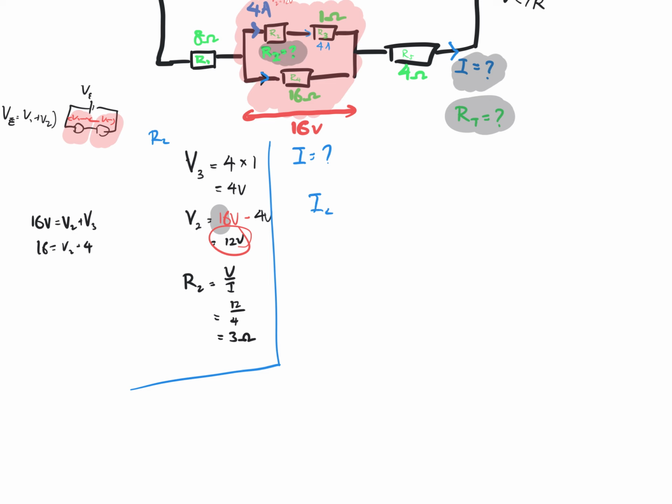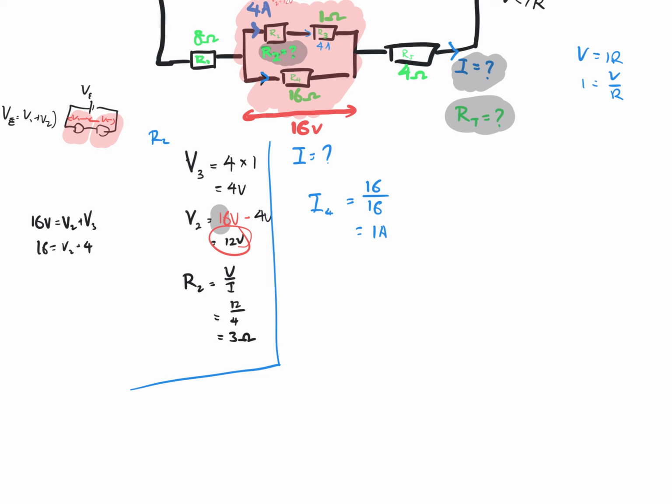So I4 over here is equal to, what's the formula? How to find I? V equals IR, I equals V over R. All right, please be comfortable doing this. So the potential difference across resistor number 4 over the resistance of resistor number 4 is 1 ampere.